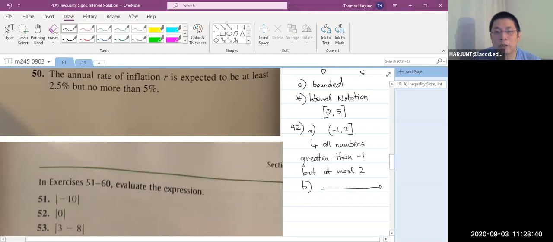Graph-wise, it will be a parenthesis at -1, a bracket at 2, and I shade in between. And because the left- and right-hand limits are specific numbers, it must be bounded.